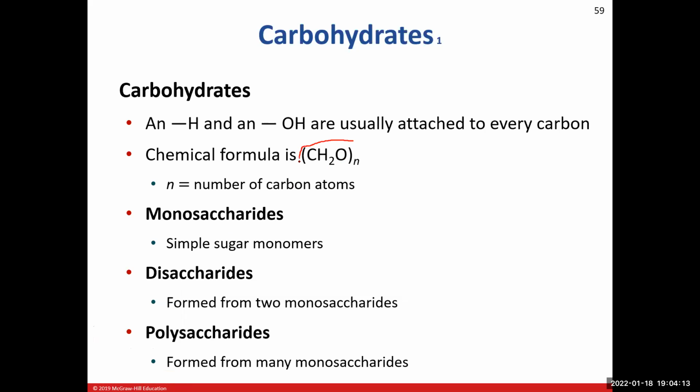So if we take this equation here, (CH2O) inside of parentheses, and then outside the parentheses we have n. n stands for how many carbon atoms are present. So if you have 6 carbon atoms, then our molecular formula is going to be C6H12O6.